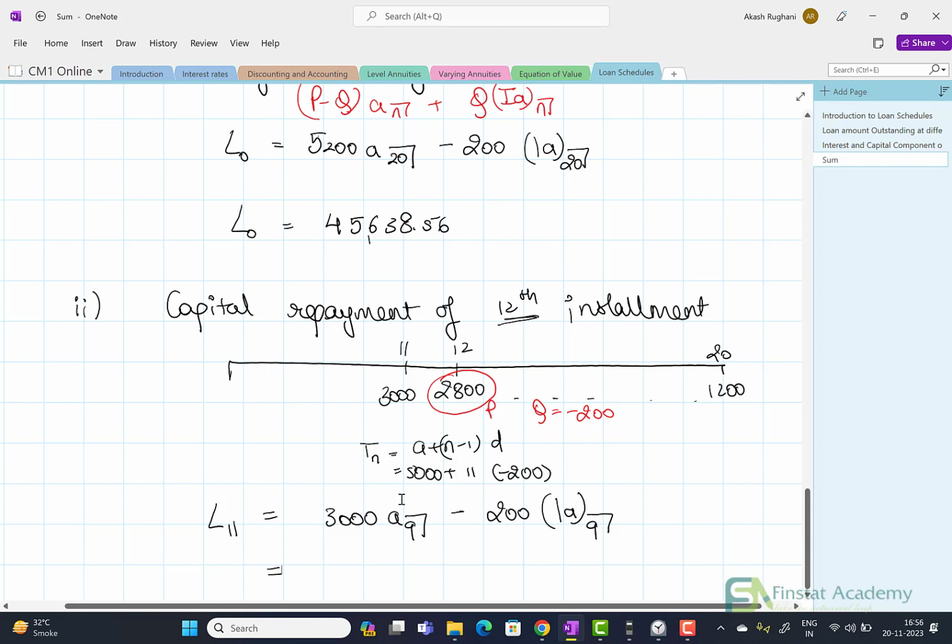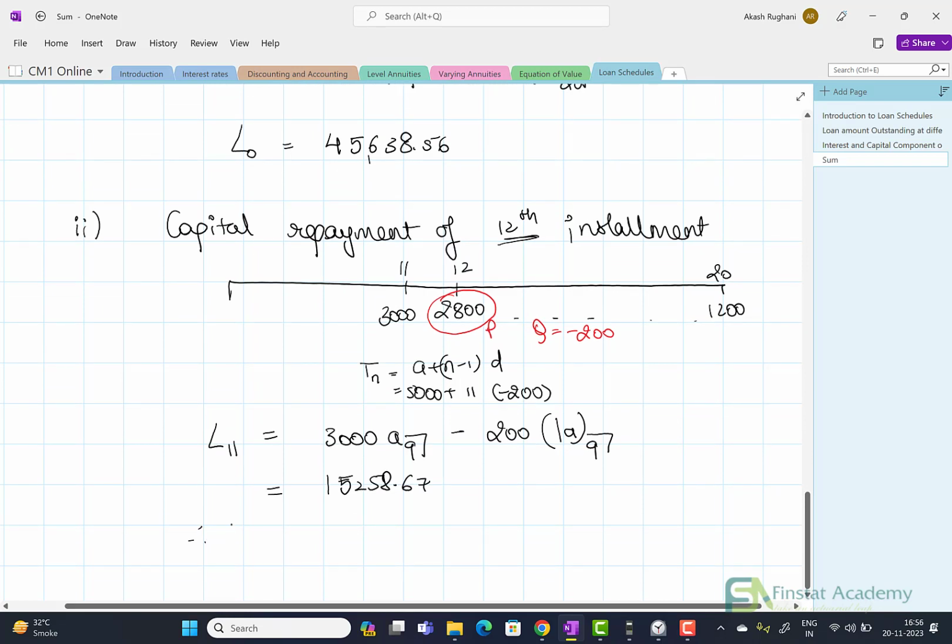I'll do my calculations again, and I'll find the value. The value for it is 15,258.67. Now I'll find the interest. Therefore, the interest component will be 15,258.67 into i, since p is 1, so simply into i.